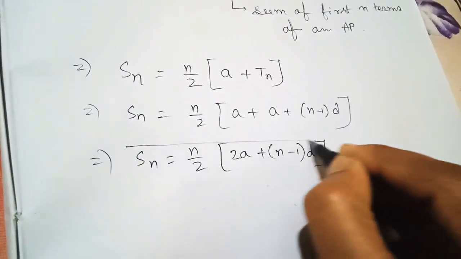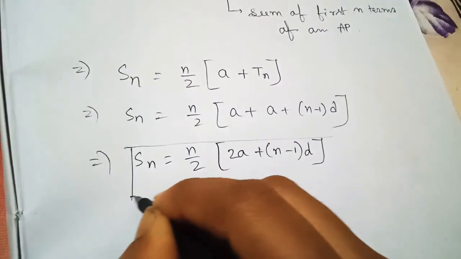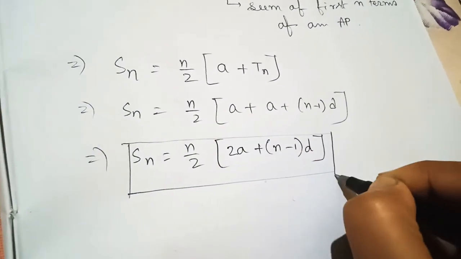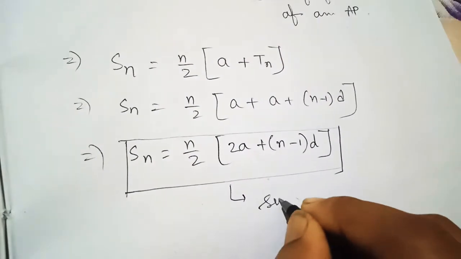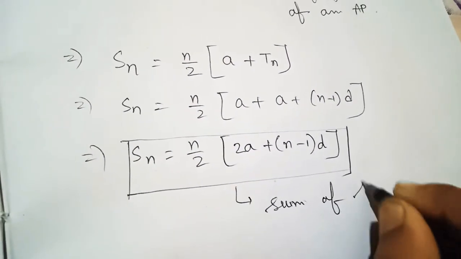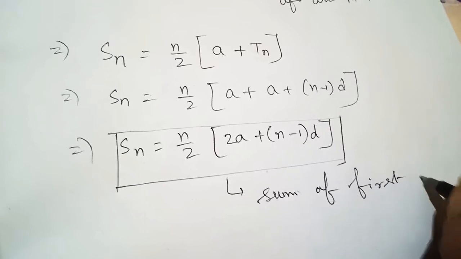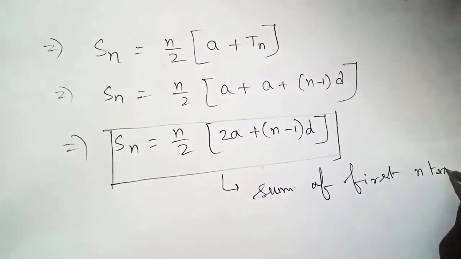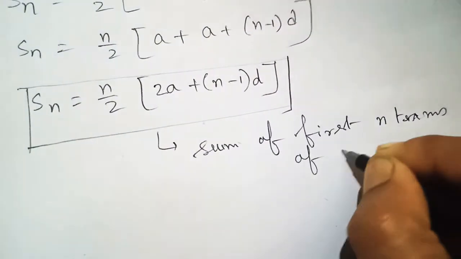So this will be another formula for the same sum of the first n terms of an AP.